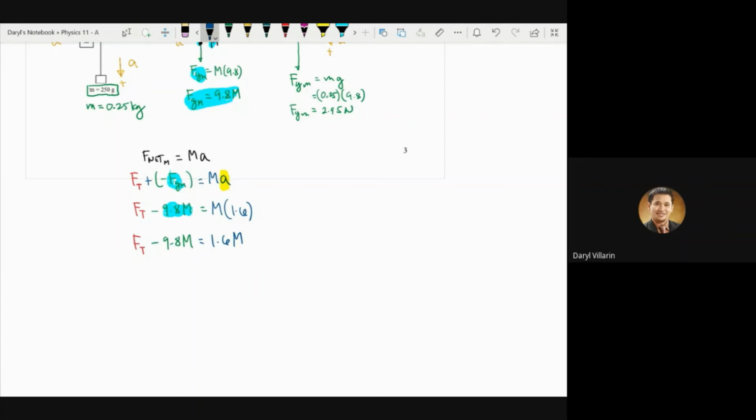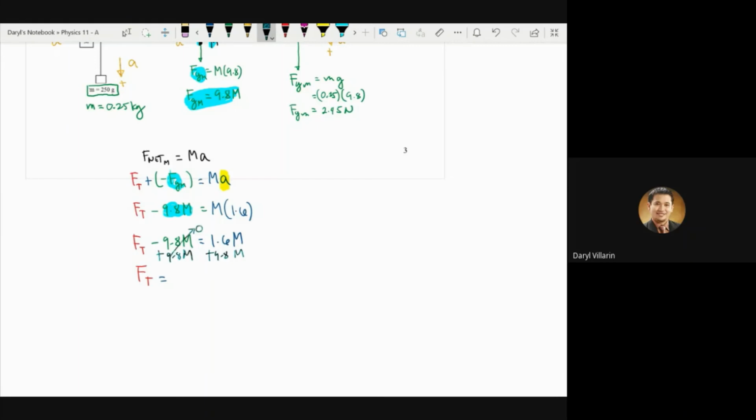And if you can see, I can get an expression for my Ft. Ft is just equivalent to, well, if I'm going to add 9.8 M plus 1.6 M, remember that both have the variable M. So therefore, these two are what you call similar terms.